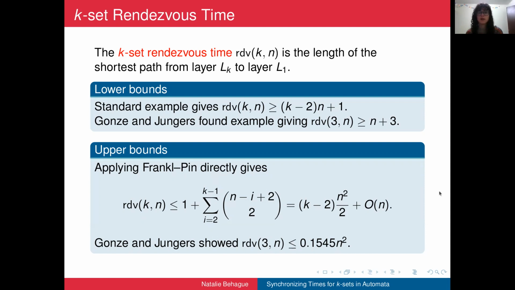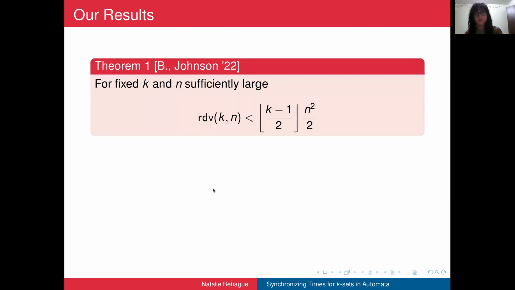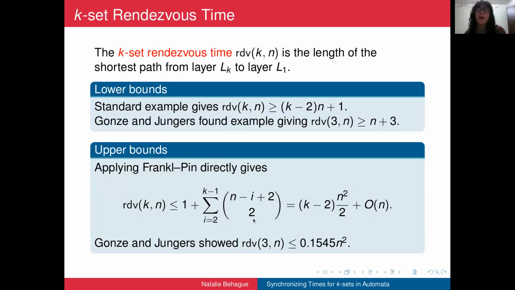And Gonzo and Jungers, who I said specifically looked at triple rendezvous time, found a better upper bound on the triple rendezvous time of 0.1545 n squared. That's an approximation of their constant.